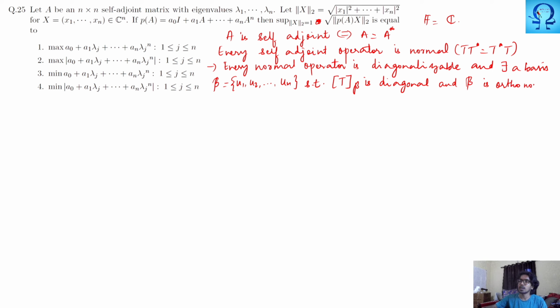What do we mean by an orthonormal set? The entries of this beta are mutually orthogonal and each vector is of length 1, right? So with which we are proceeding.